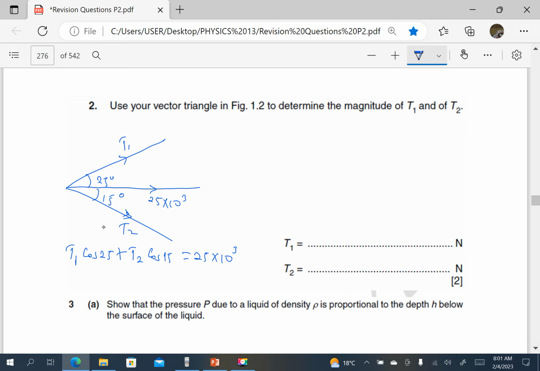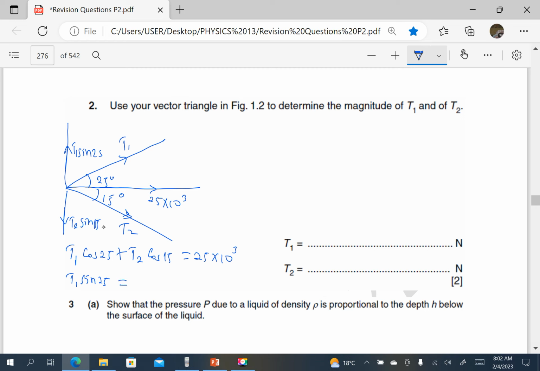If I resolve them vertically, T1 vertically will be upwards, that is T1 sine 25. T2 vertically will be downwards, that is T2 sine 15, and these should be equal.